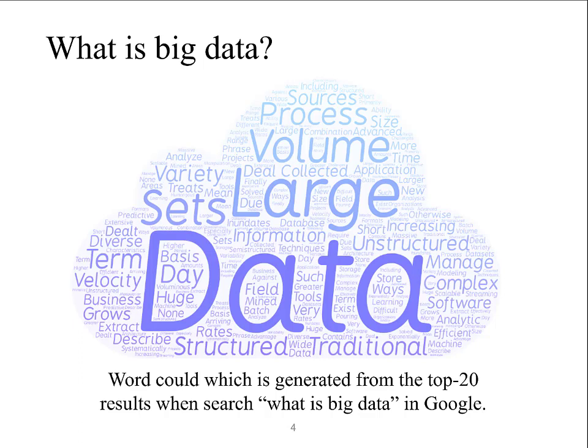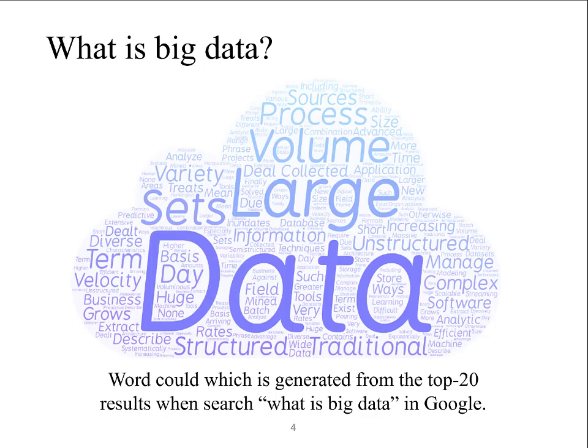So here I draw a word cloud, which is generated from the top 20 results when I searched what is big data in Google. Here, the larger size of a word implies a higher frequency of that word appearing in all the 20 results in Google.